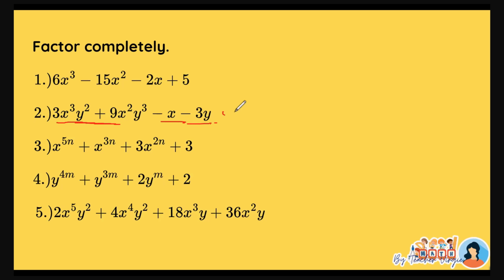For number 2, let's have 3x cubed y squared plus 9x squared y cubed, plus negative x minus 3y.